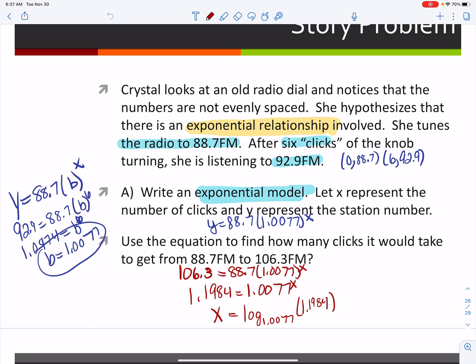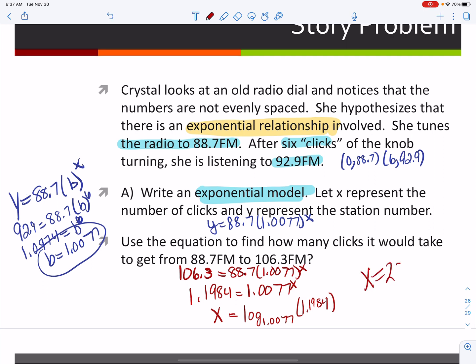So even if that would have come out as 23.999, you've only heard 23 clicks, and then you have to keep turning it. Okay, and so I would not take off on the rounding piece of this because it's not like you've dealt with old radios on the daily, but the answer is just 23 clicks.